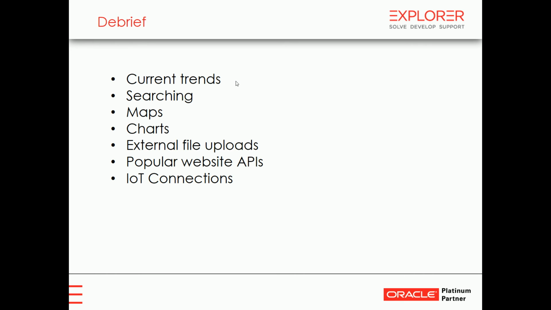Then we've had a quick look at Internet of Things connections. So hopefully you can see that Apex is really well placed to go forwards and keep moving forwards with current trends. There's no limitations basically. It's just a web framework and you can implement anything you want.